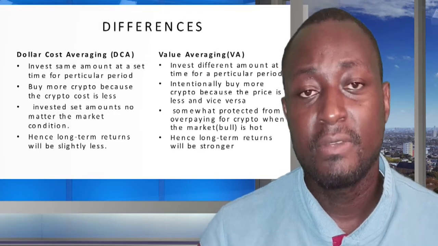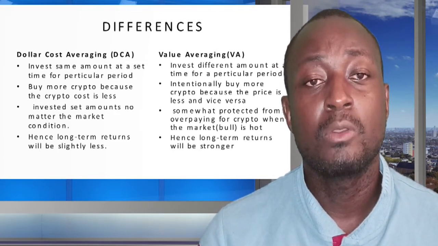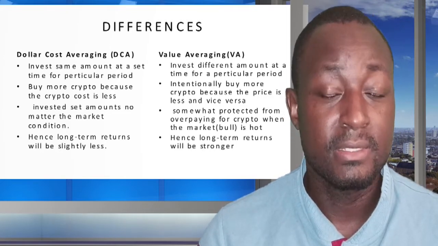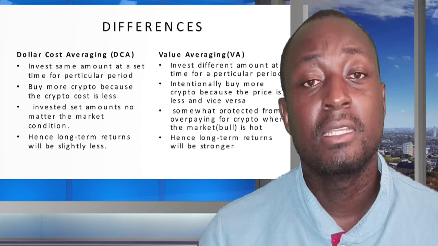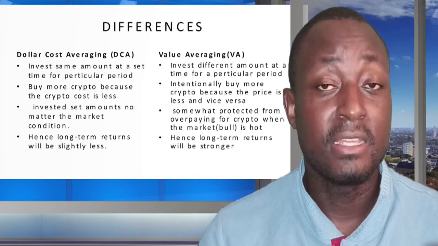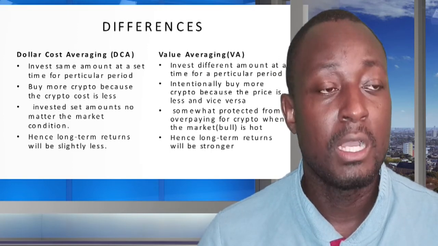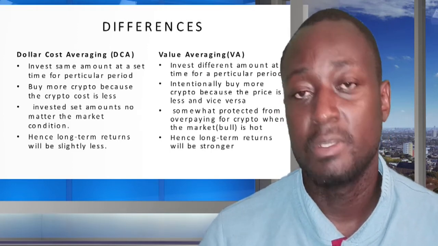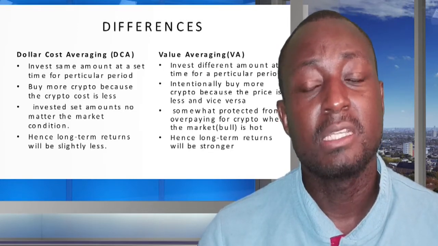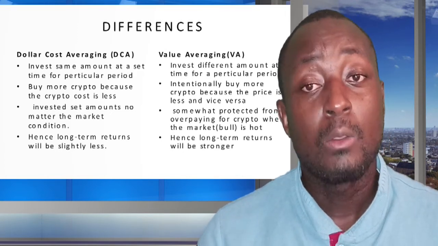Then the next difference is that in dollar cost averaging the investor buys more crypto because the crypto costs less, and if the crypto doesn't cost less, the investor doesn't get more crypto at the end of the particular period. But in value averaging, the investor intentionally buys more crypto.